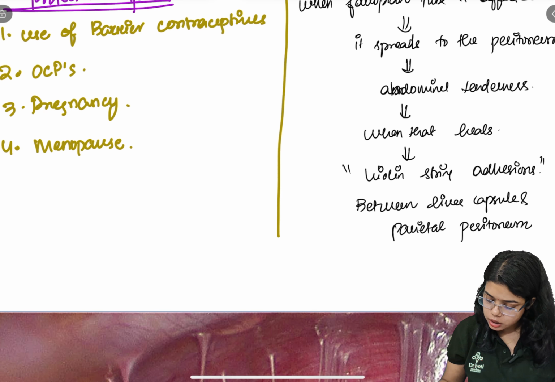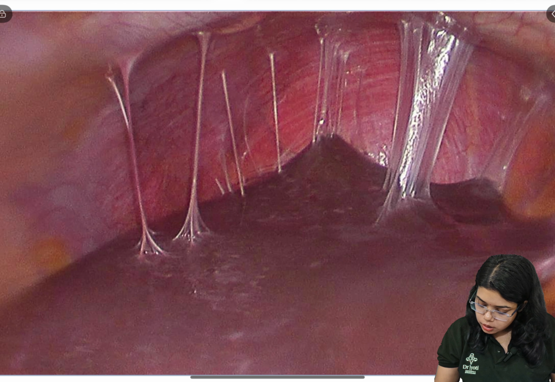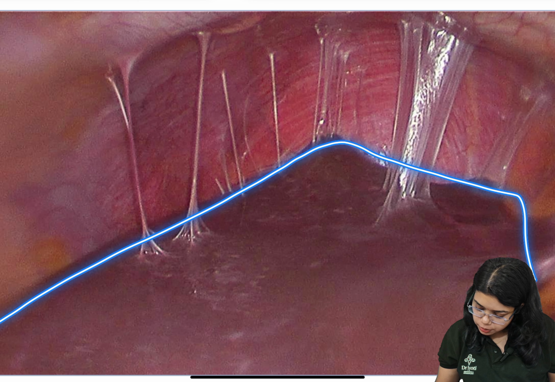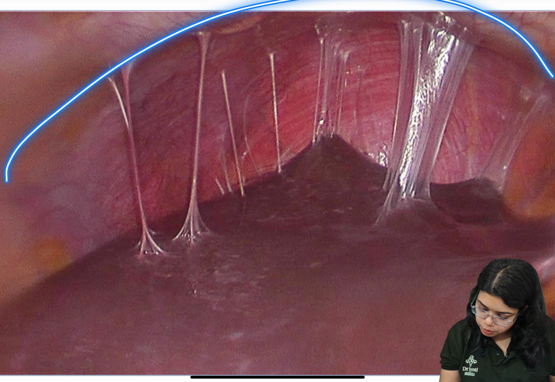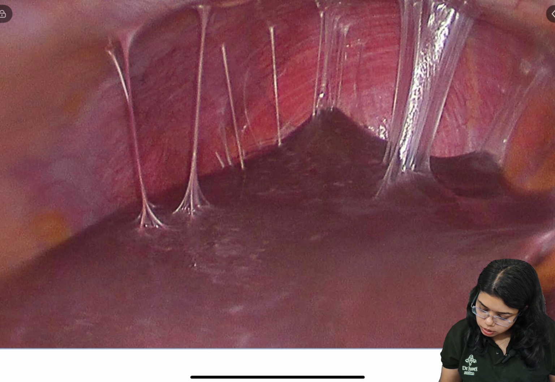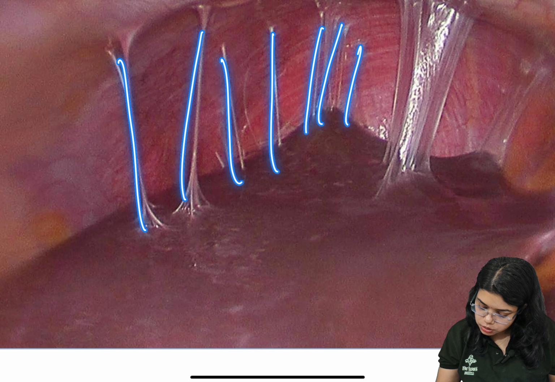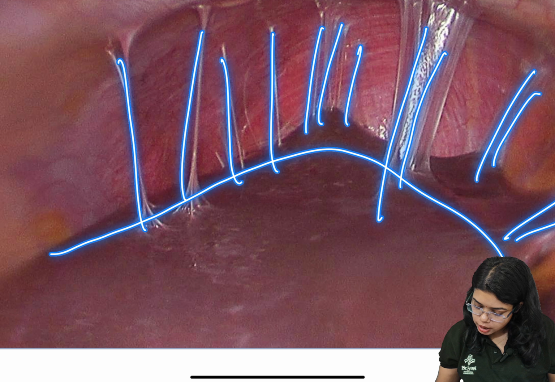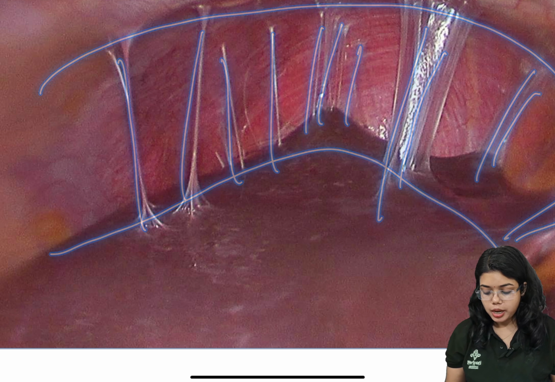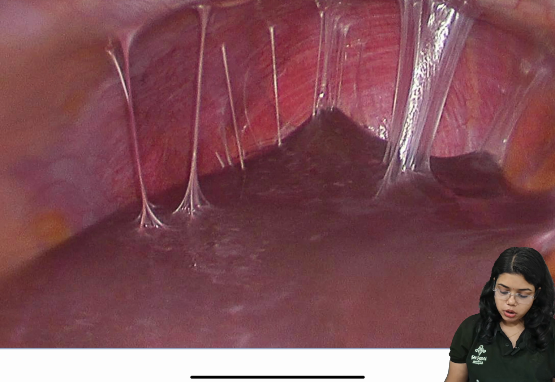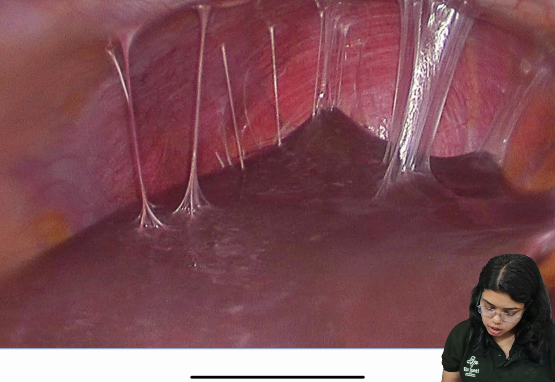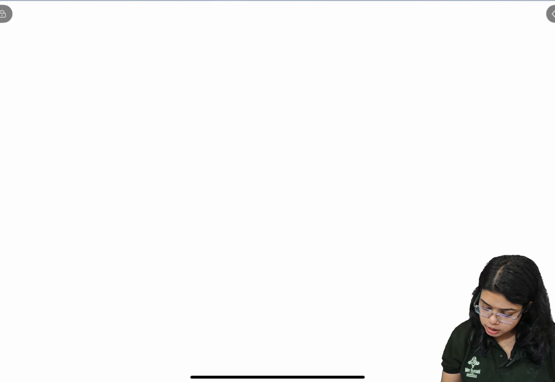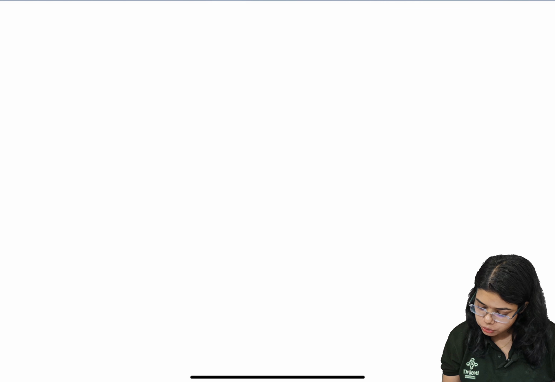This is violin string adhesion. See, this is the liver and this is the anterior abdominal wall. These are the violin string like adhesions. When healed, they form between the liver capsule and the anterior abdominal wall like a string. That is called violin string adhesions. Then another sequela is Fitz-Hugh-Curtis syndrome.